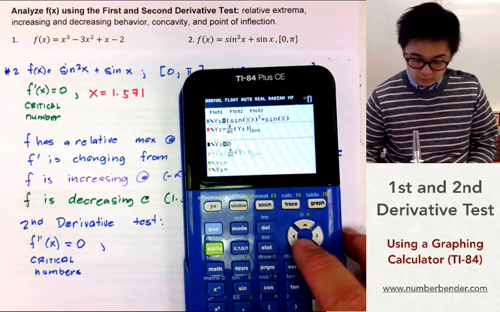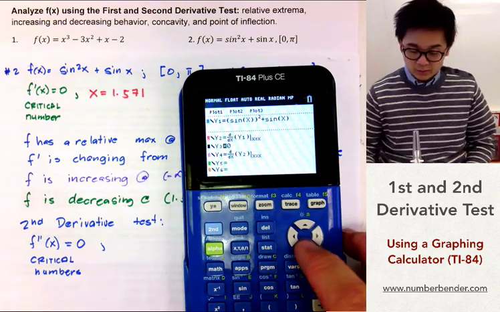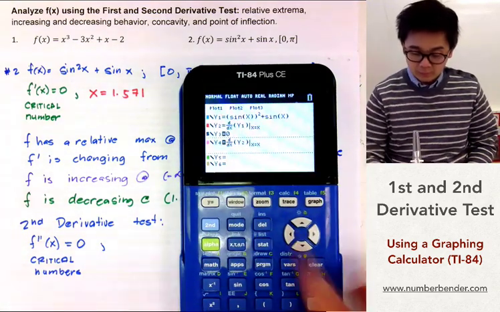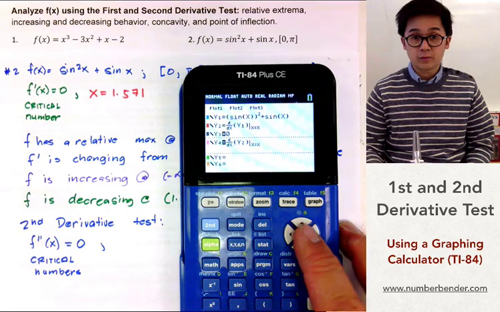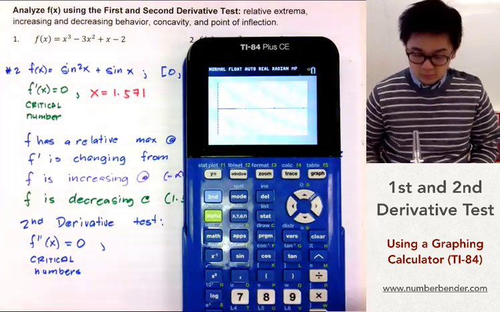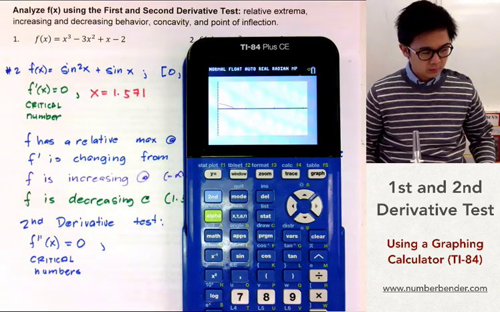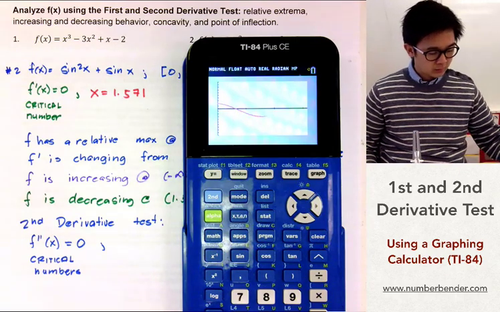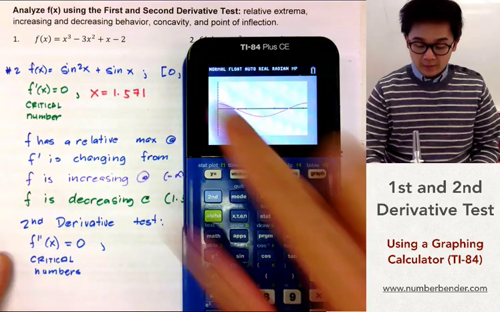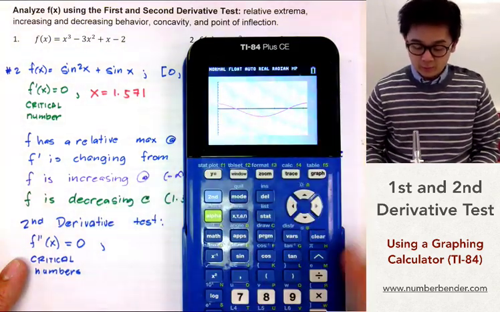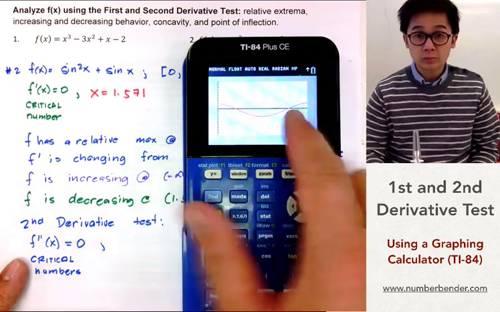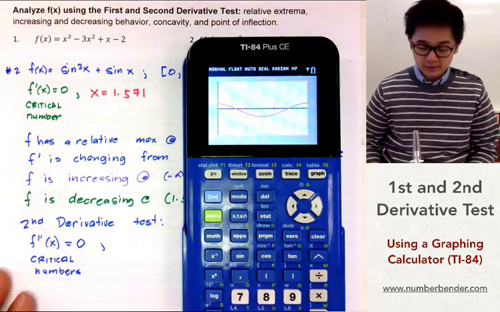We are also going to turn off the original function and turn on y sub 2, y sub 4, which is the derivative of y sub 2. So now that we have our second derivative and y equals 0, let's find the point of intersection. We have two critical numbers for our second derivative test.